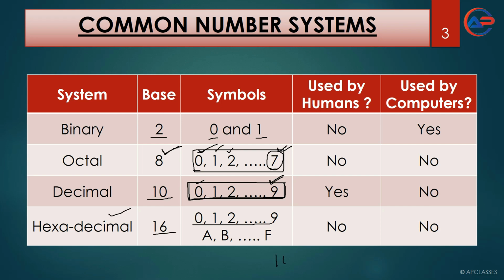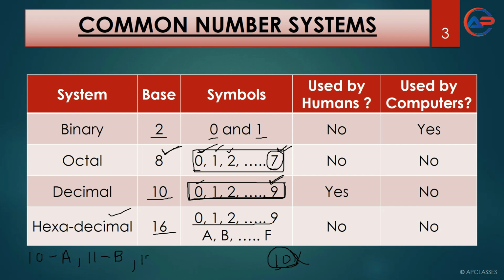Remember, you cannot use 10, because when you write 10, it will be considered as 1 and 0, rather than as 10. So instead of 10, you will write A. Instead of 11, you will write B.